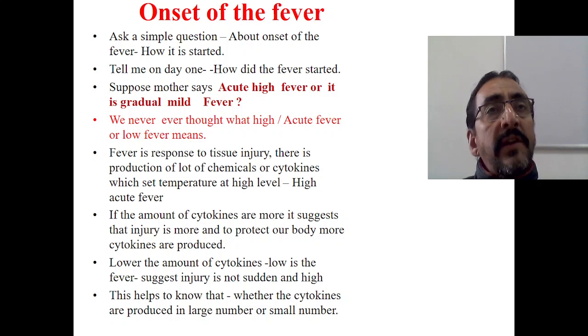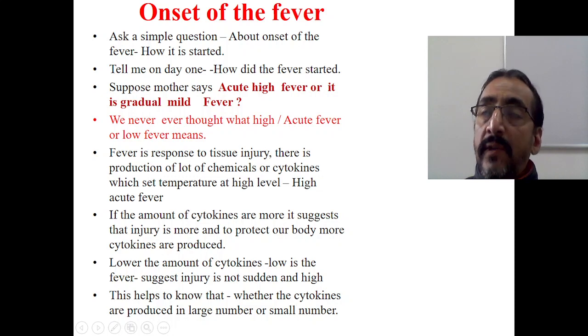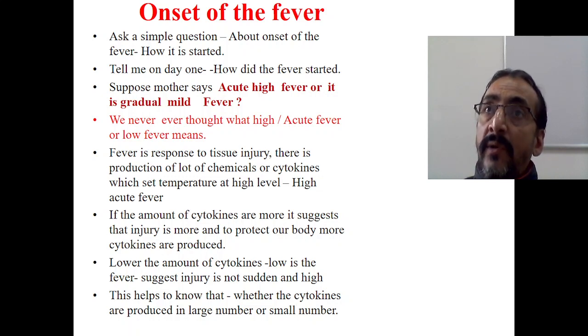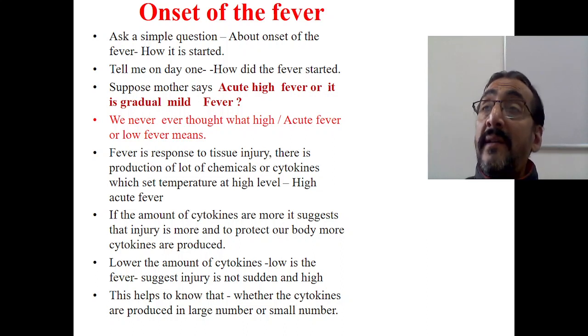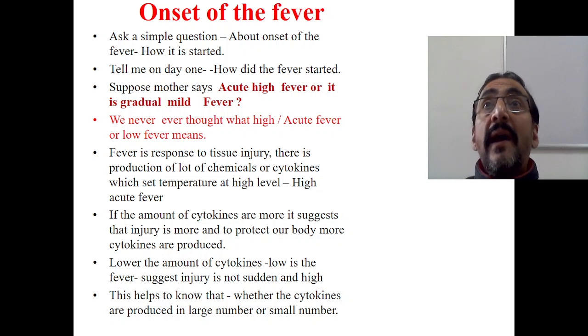So whenever the mother says it is acute fever, that it happened within an hour, that suggests there is production of a lot of chemicals, a lot of cytokine surge was there, because of which the temperature was suddenly set at a higher level. That means the tissue injury is more. That means the virulence of the organism is more. When the virulence of the organism is more, it will cause more tissue injury at a time, and this produces more and more chemicals, cytokines, prostaglandins at a moment, and because of that temperature will suddenly be set at a high point.